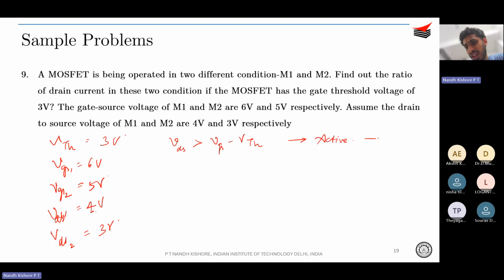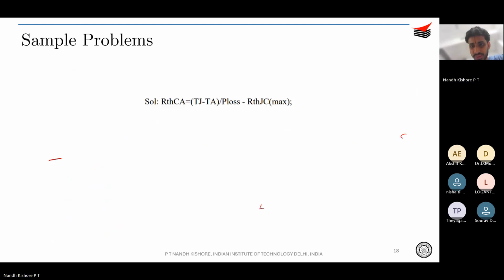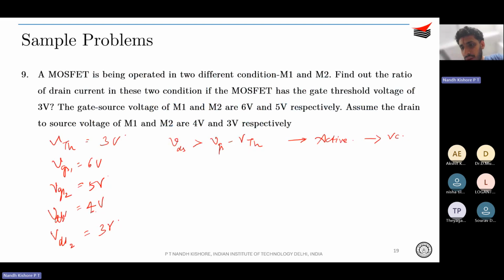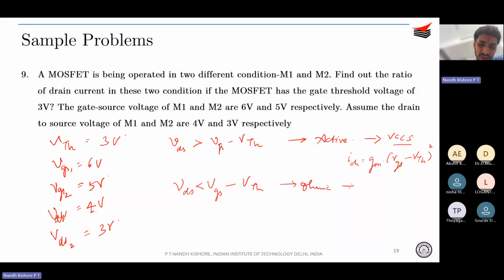Okay, and it is a voltage controlled current source. So what is its value? I channel will be Gm times VGS minus V threshold whole square. Okay, so this is if it is in the active region, and if your VDS is less than VGS minus V threshold, then it is in the ohmic region and it is just a resistor, right?